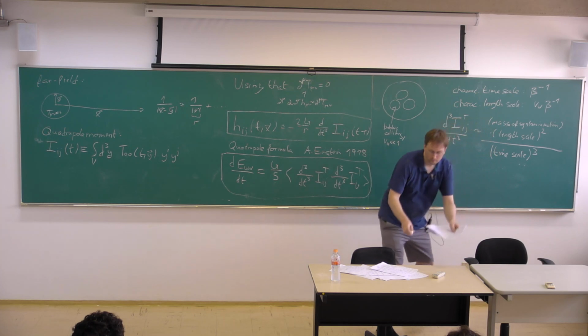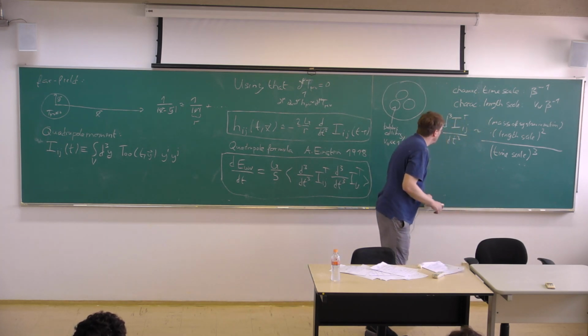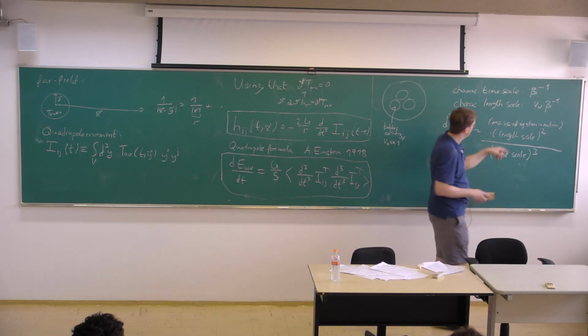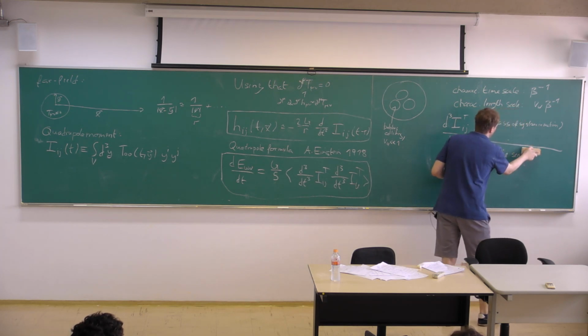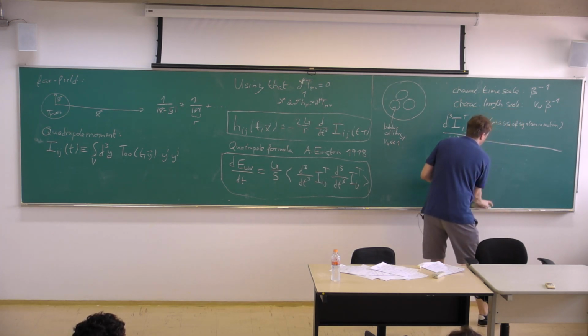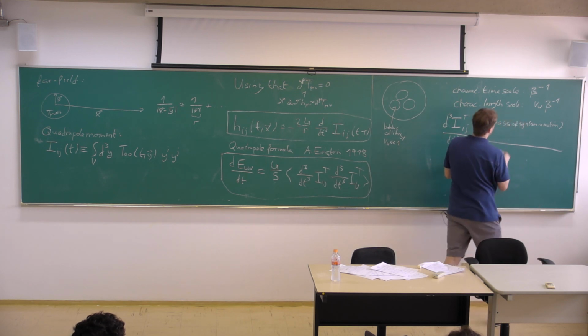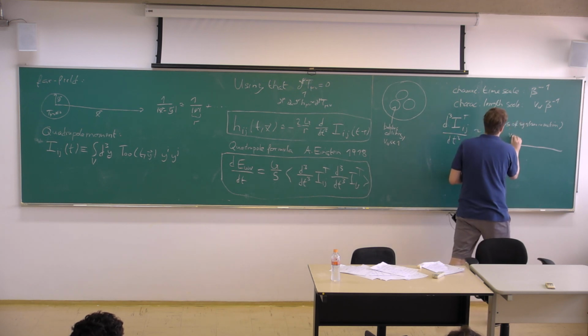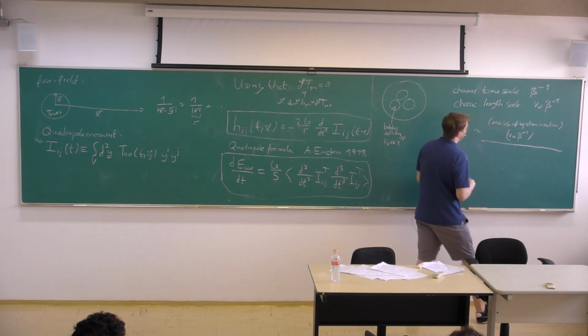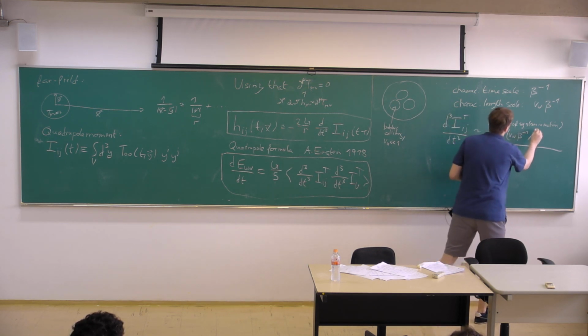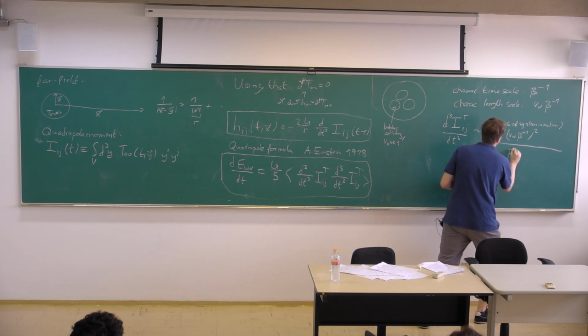Now if I plug this in, let me do this here so I don't have to rewrite everything. We said the characteristic length scale was squared, and then that's beta to the minus 1 cubed.